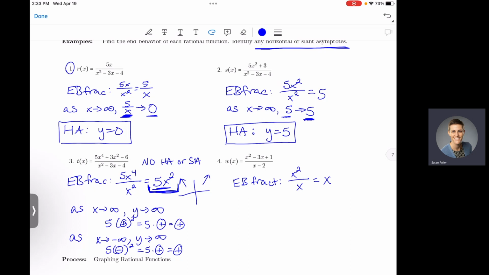Okay, so again, this is a polynomial. We're going to have polynomial end behavior, but because we have just an x here, that means that at the ends of the graph, it's going to look kind of like x. It's going to be linear at the ends. That means we have a slant asymptote.